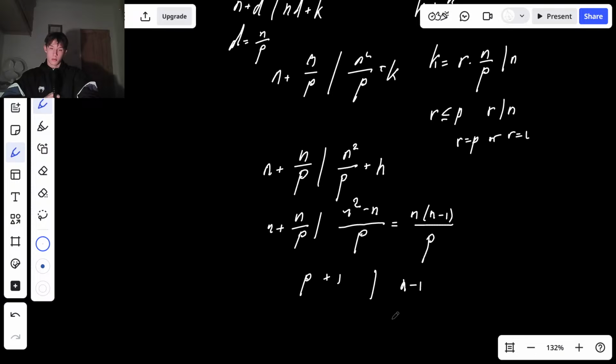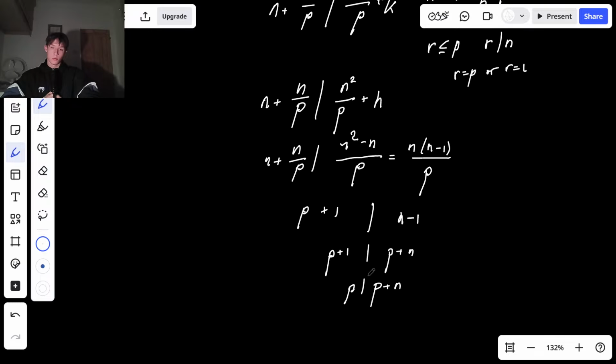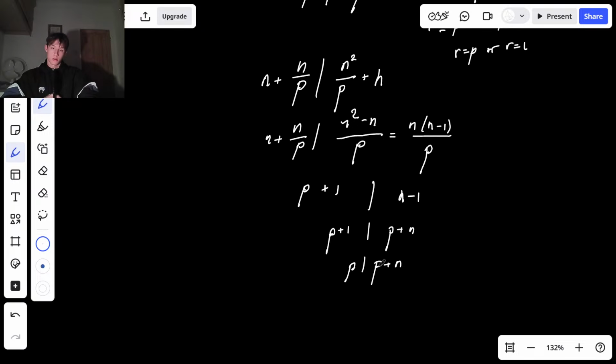So p plus n is divisible by p plus 1. But we knew that p was the smallest factor of n, and p therefore divides p plus n. So there's a q that divides p plus 1 and divides p plus n.